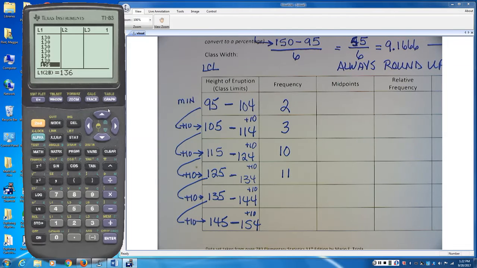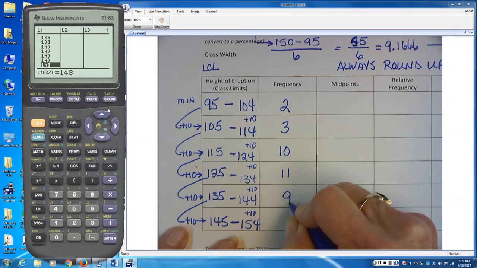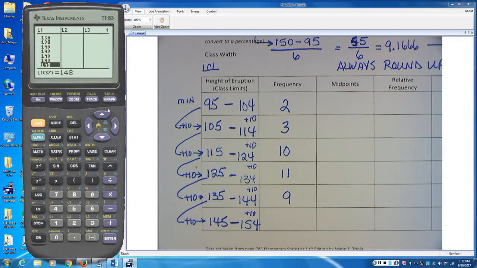And then beginning with 136 and going up to 144, I've got 1, 2, 3, 4, 5, 6, 7, 8, 9, so in my last class, 145 to 154, I've got 1, 2, 3, 4.